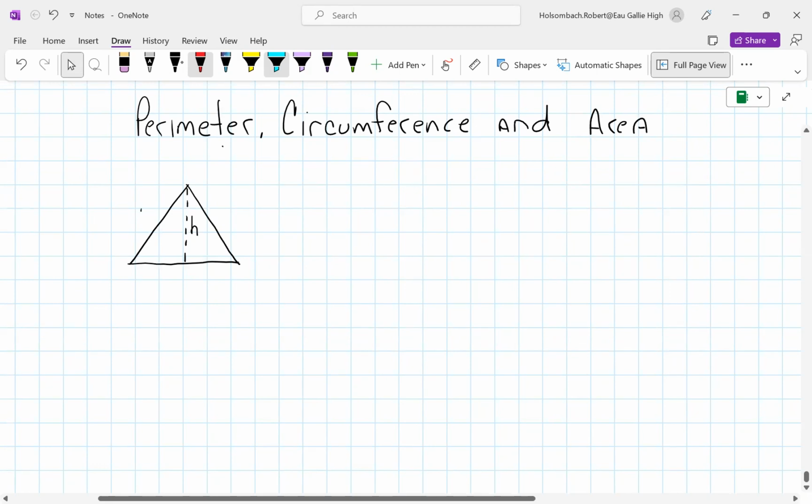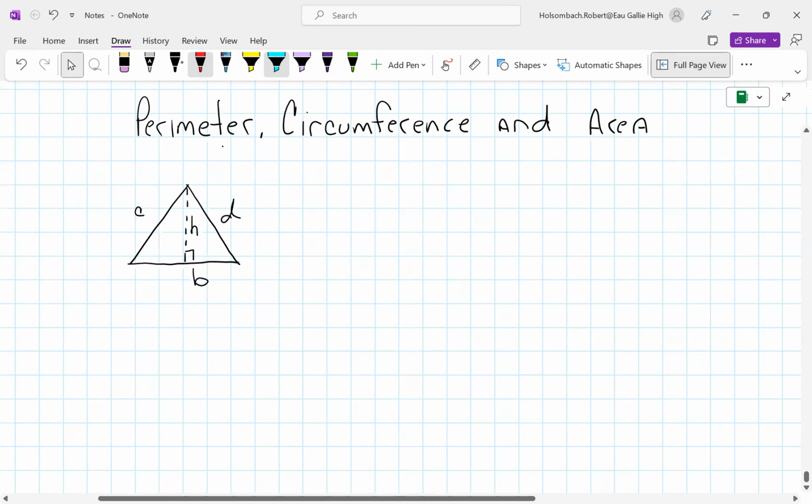So we're going to call the left side of this triangle C, the right side of the triangle is D, and the bottom lowercase b. This vertical dashed line we're calling H, and that represents the height of the triangle.